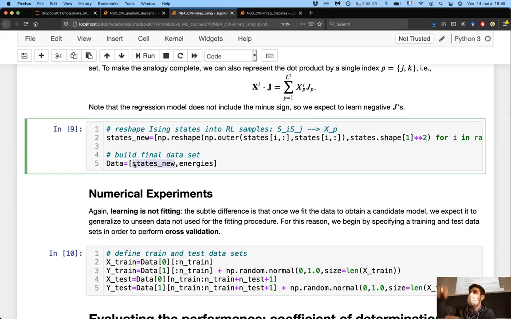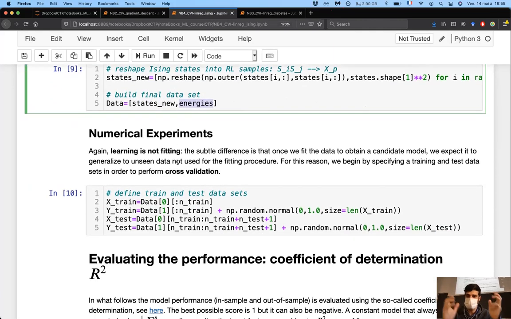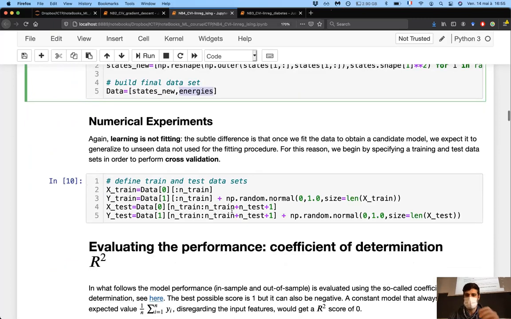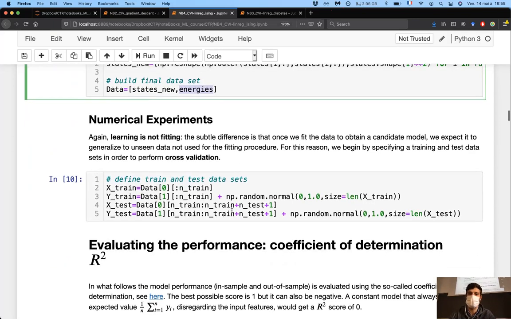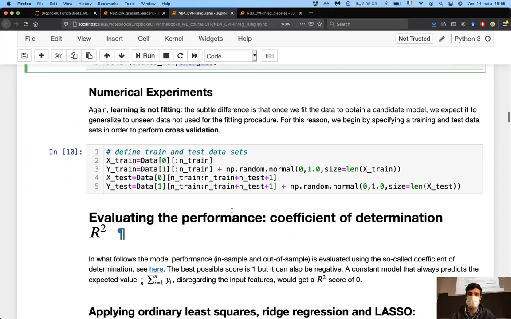It's these vectorized configurations and the associated energies. If it goes a bit fast, just grasp the idea and then think again about it at home here in Italy.